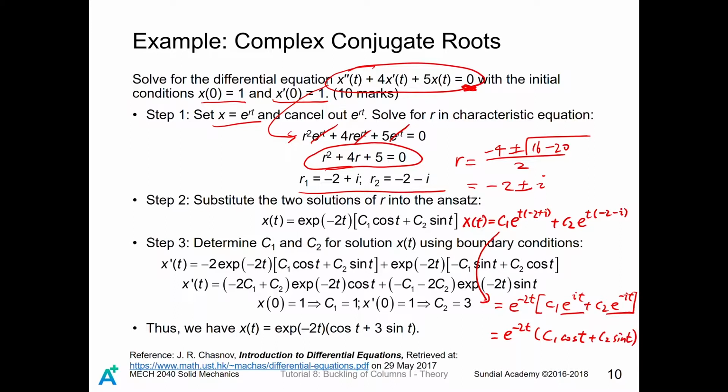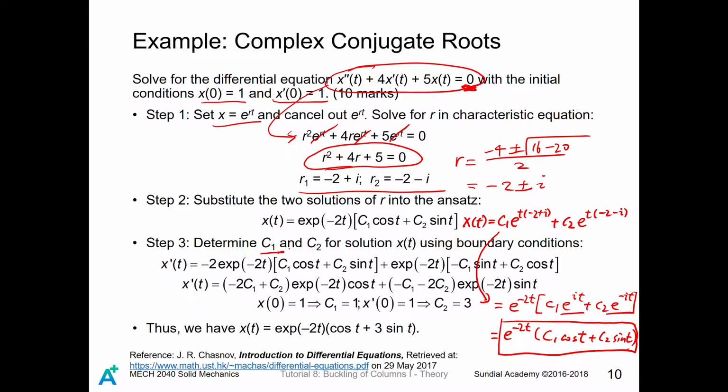Still, as we mentioned, c1 and c2 are just arbitrary constants, right? So by using the principle of superposition, we can rewrite the solution in this way. This is what we want, and what's next is to solve for c1 and c2.